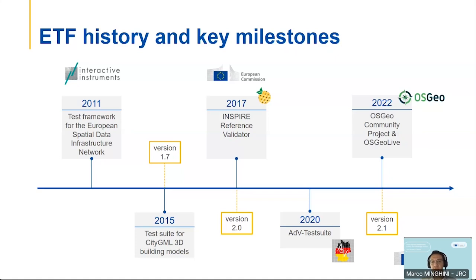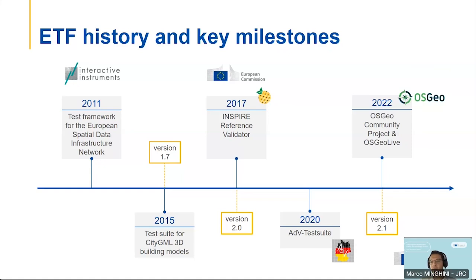In this case, the software became a little bit more mature, and tests were added for other services and other, let's say, data types or data models, of course addressing the requirements of INSPIRE. That was version 2.0 of the software. In 2020, there was also another implementation for the ADV in Germany, so for the surveying agencies of the German federal states.